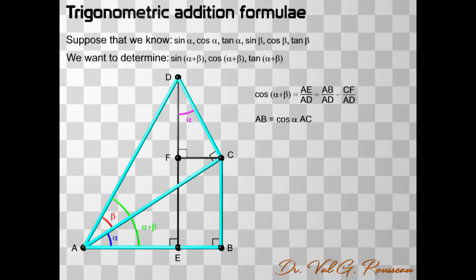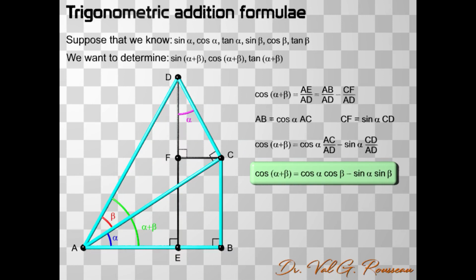Likewise, sine alpha is CF over CD, so CF equals sine alpha times CD. If we substitute these values in the equation above, we obtain this expression. We can now recognize the ratio AC over AD as cosine beta and the ratio CD over AD as sine beta. Therefore, cosine of alpha plus beta equals cosine alpha cosine beta minus sine alpha sine beta.